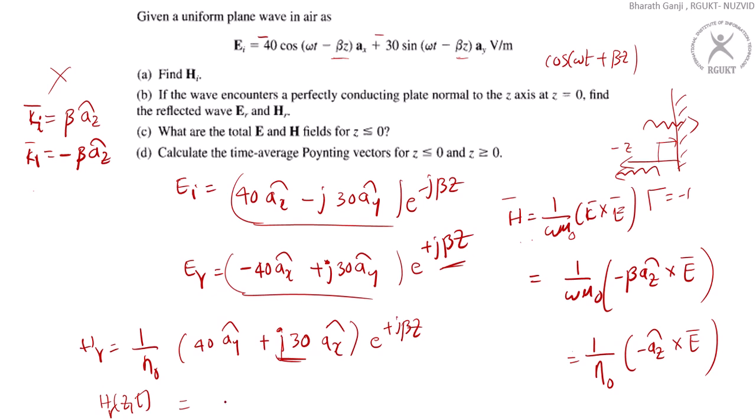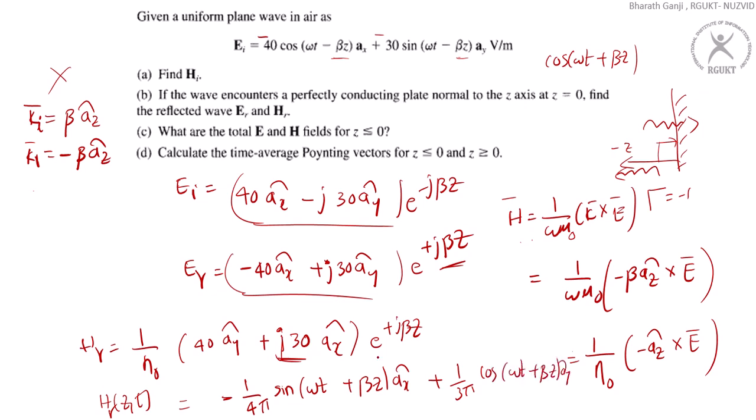Because of that plus pi by 2, you get a minus sign for the ax component. So you get something like 1 by 4 pi times sine of omega t plus beta z times ax cap, plus 1 by 3 pi cos of omega t plus beta z ay cap.